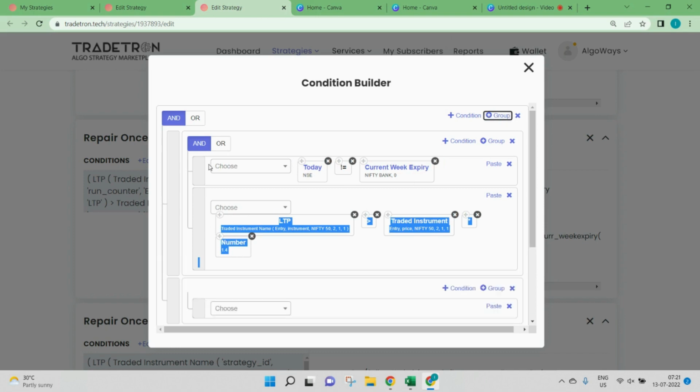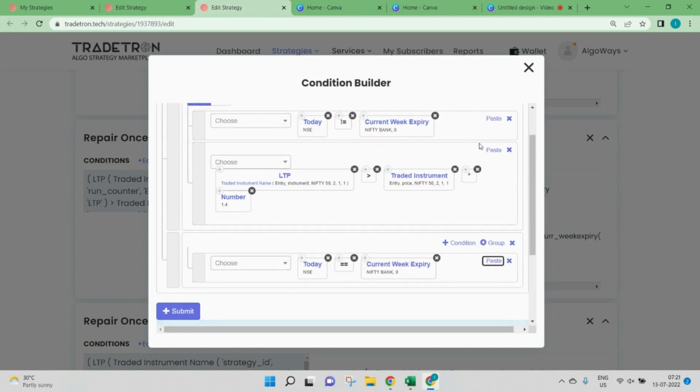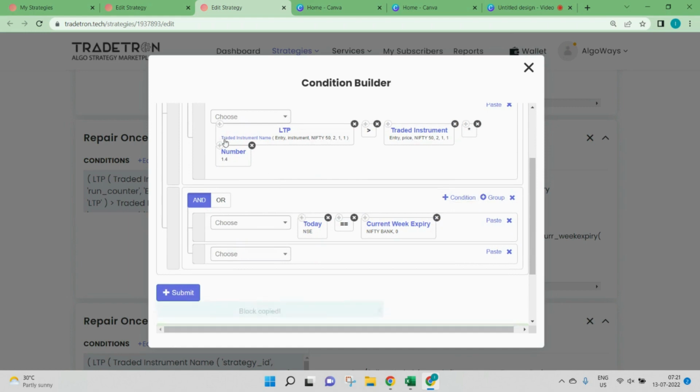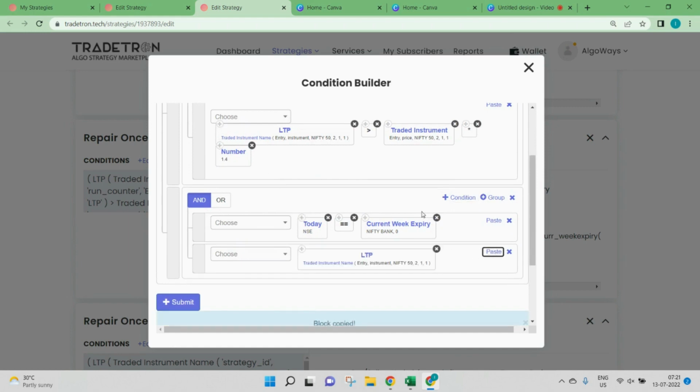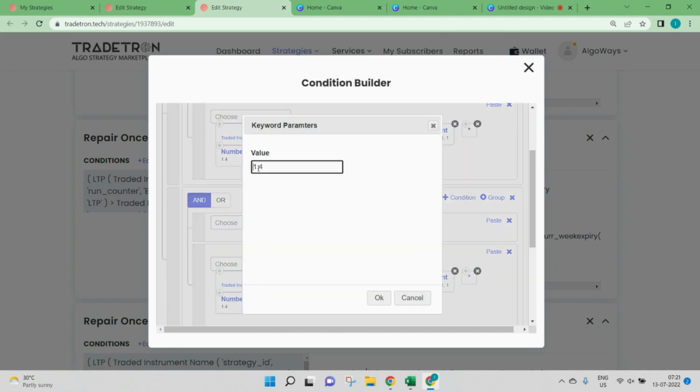Or, I'll keep this or, if today is equal to current week expiry, then I keep a stop loss of say 70%.